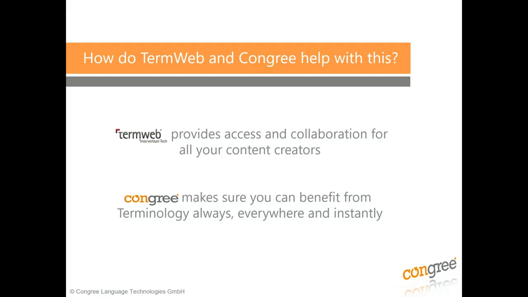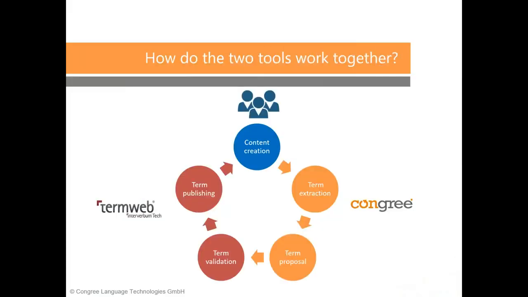To visualize this a little bit better, let's have a look at this graphic, so how the two tools actually work together. At the top, there's you, the content creator, who creates something in an editor, so maybe Word, maybe some XML editor, maybe InDesign, wherever.